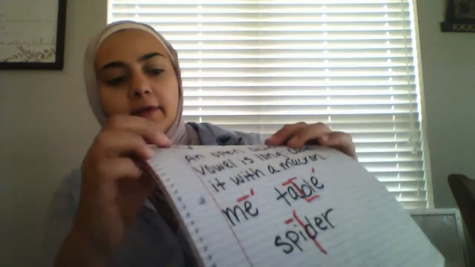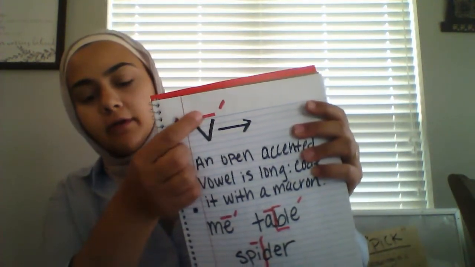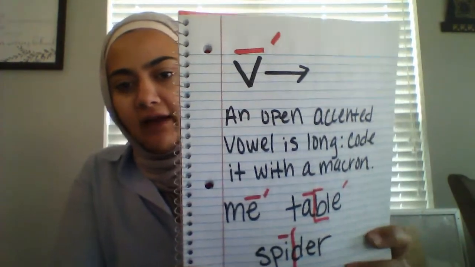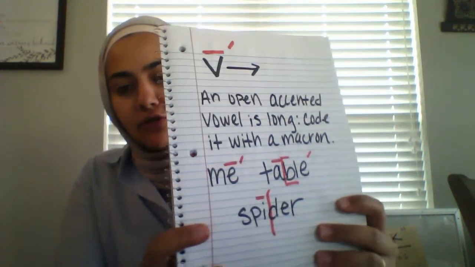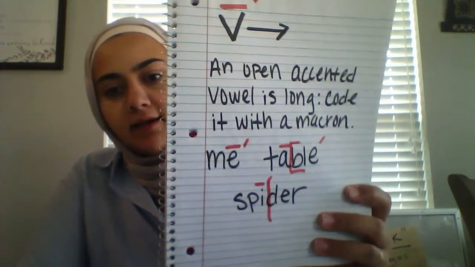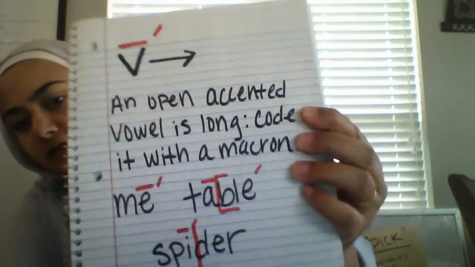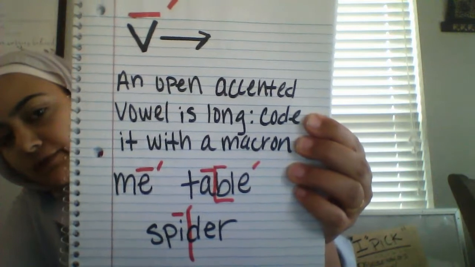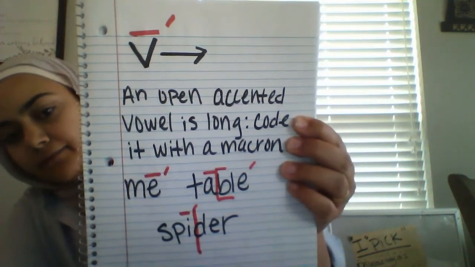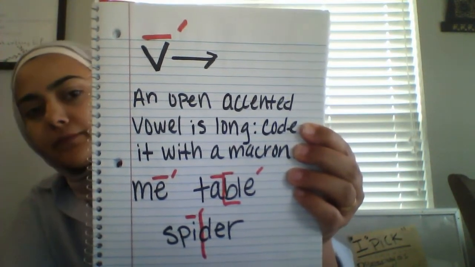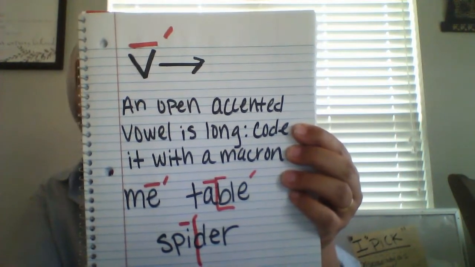The line on top of it, this is called a macron. Okay, an open accented vowel is long, you code it with a macron. So here are some examples. We have me, table, and spider. I'm going to hold this up and give you a chance to pause the video so you can write this down. Pause the video now.